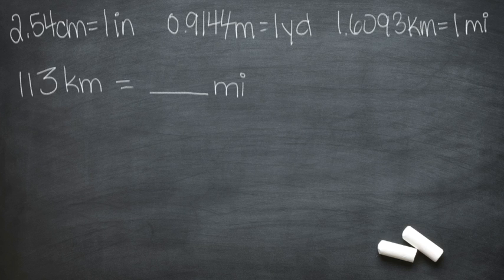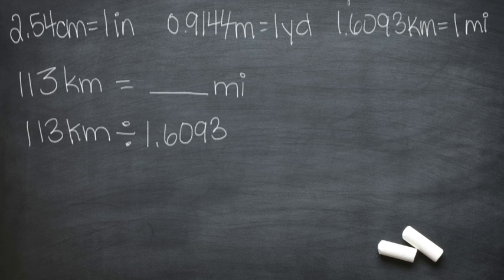So let's find out what the speed limit actually was, because no, they didn't just choose 113 kilometers an hour to be the speed limit. So we're going to take our 113 kilometers, and since we're going to miles, we are going to divide. So we have 1.6093 kilometers in 1 mile.